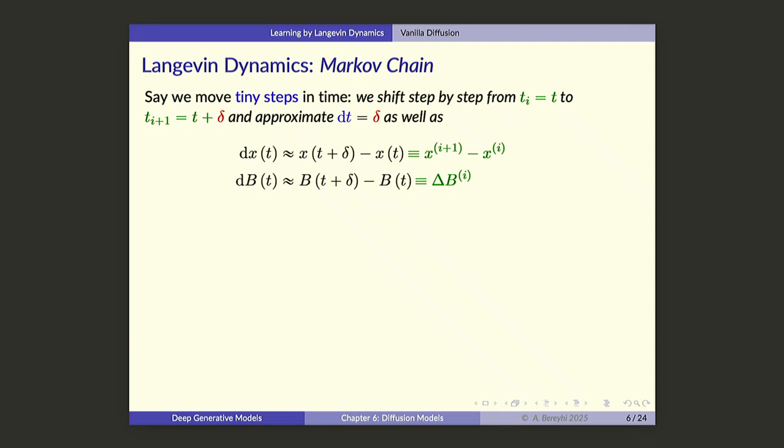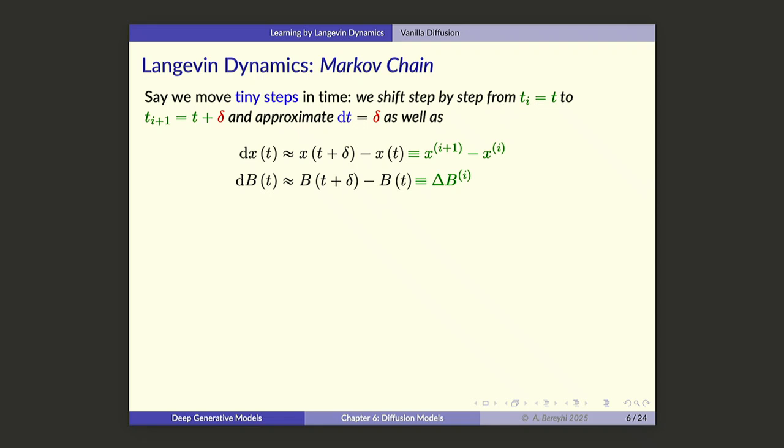This is not exact, of course, but if delta is small enough, this is a good approximation, right? Now, I'm going to call this x_{i+1}. So this is the location at time ti plus 1, and this is xi, right? So the difference between these two locations is going to approximate my dx, right?